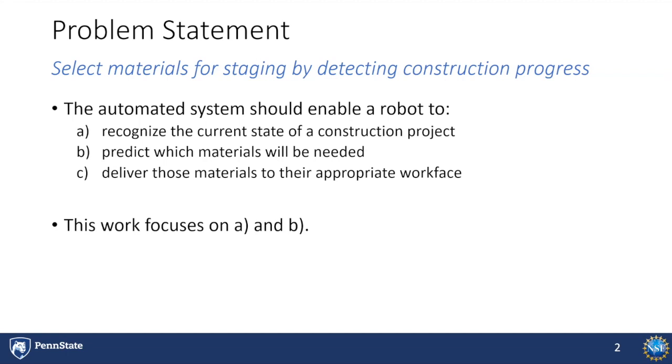This research focuses on the first 2 parts, that is steps A and B. And so therefore our objective was to develop a system that would be capable of selecting materials for staging based on detected construction progress.